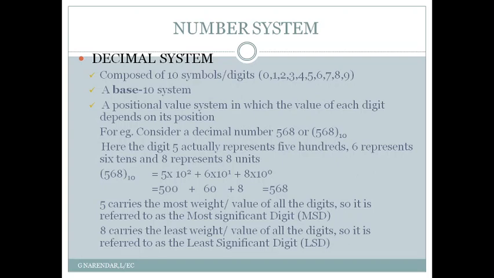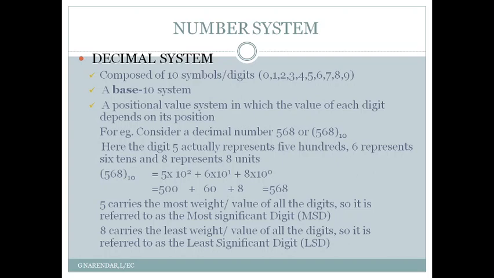So base actually identifies the number of distinct digits that makes up a number system. And for a decimal system we have 10 such digits from 0 to 9. So it is called a base 10 system.